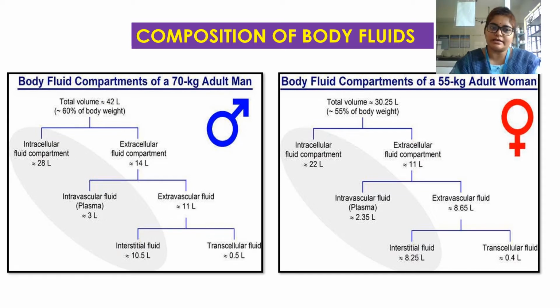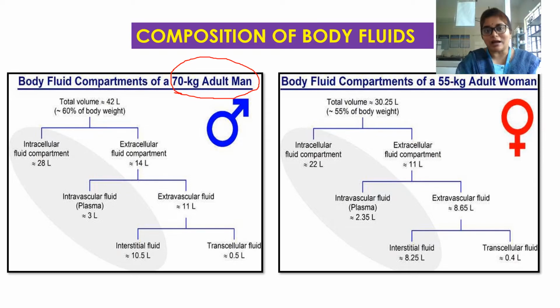Okay, first let us see the composition in a healthy adult male weighing about 70 kgs. The total volume is 42 liters. You know that a human body is made up of 70% water and 30% other constituents.